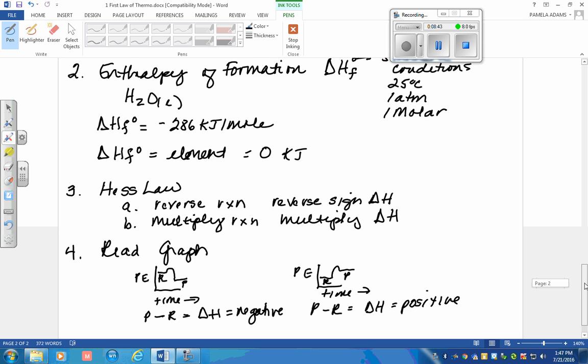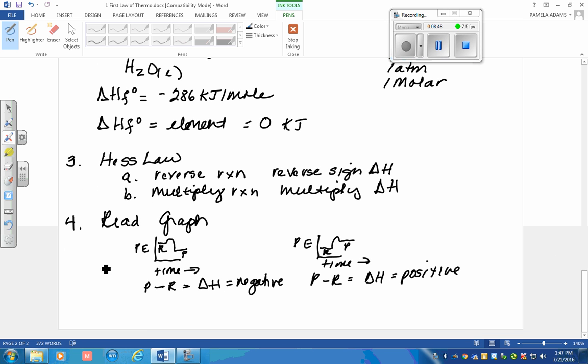I can also, if I am at constant pressure, figure out the enthalpy of a reaction by remembering that the heat lost or gained at constant pressure is equal to Q. So at constant pressure, Q is equal to mcΔT, where m is the mass, c is the specific heat, and that would be in joules per gram per degree C. And ΔT is delta temperature, where it's the final minus the initial.